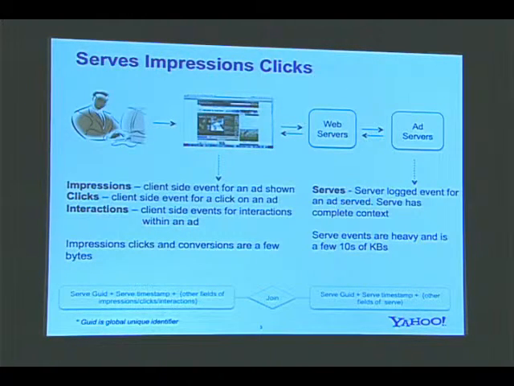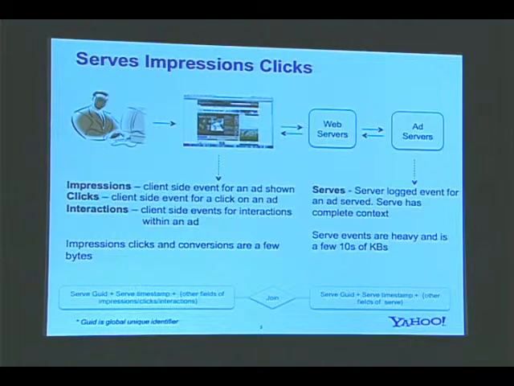Why is this designed in a way wherein we are keeping the context on the backend and the client has only a few bytes, and why are we doing all this? This is needed because the proof of an ad being served on the browser is important for us to attribute back to our accounting system, our budgeting system, our research. So we just cannot take the proof that an ad got served from the ad server.